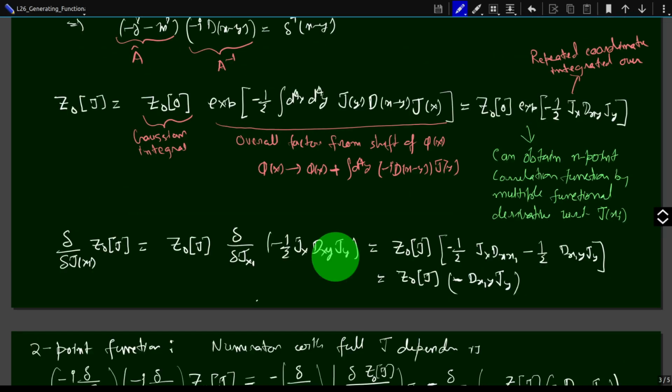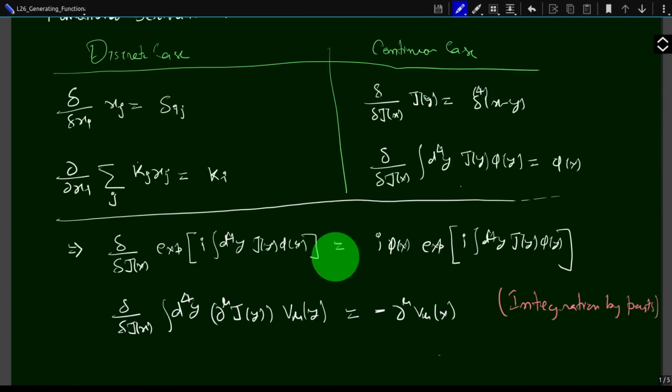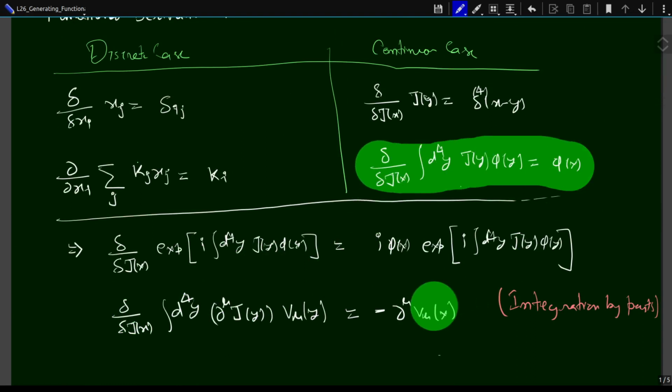The second rule is the one given at the very first place, where you take this one. This is just jx and y, so instead of jx there will be dx, dxy, j, and then you take the derivative with regard to jy, and then just the propagator will sit.